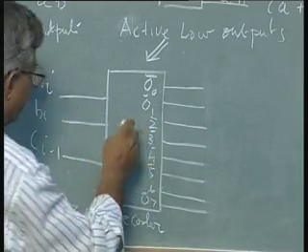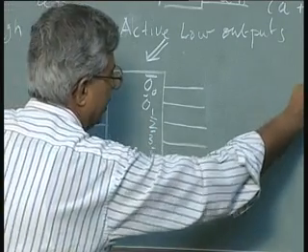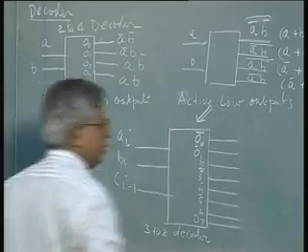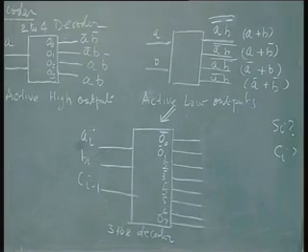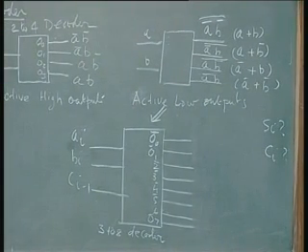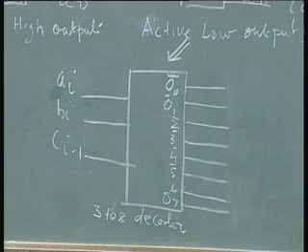How am I going to get my SI? How am I going to get my CI? That is the question. That means I have to do some manipulation in the output gates in order to get the actual outputs.